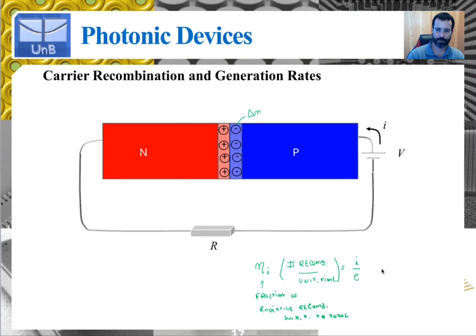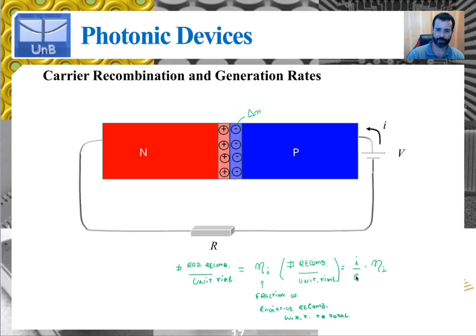So if we multiply this by eta I, we get the number of radiative recombinations per unit time. Hopefully this logic makes sense, and therefore the number of radiative recombinations per unit time can be given by this.